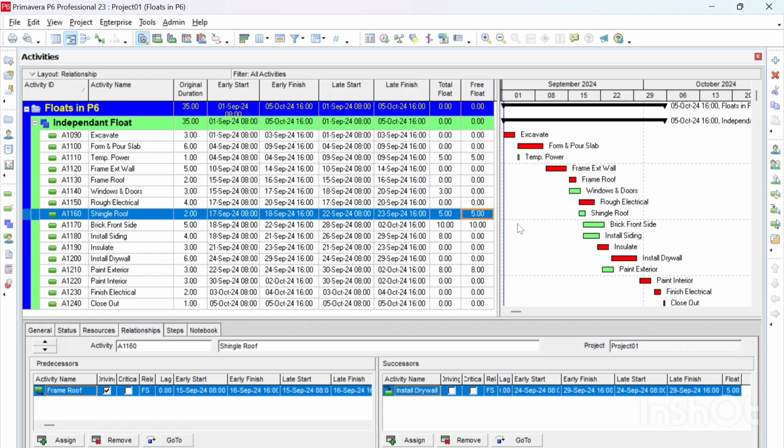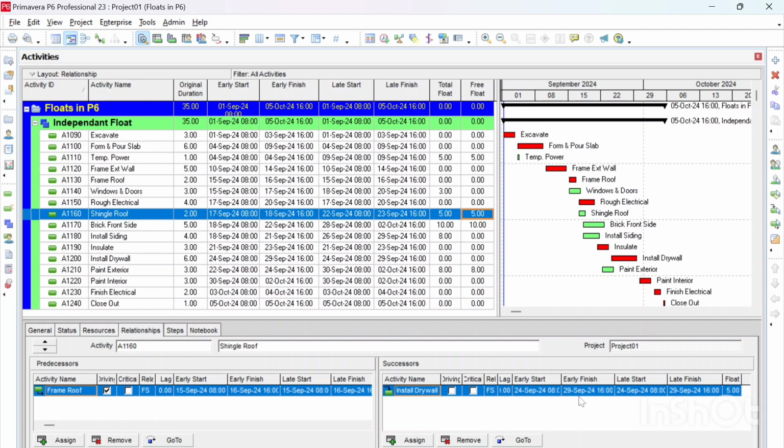This activity has one successor, which is installing drywall. So we need to see that the early start date here is not affecting our dates for the activity we are studying. So installing drywall, we have an early start of September 24th.